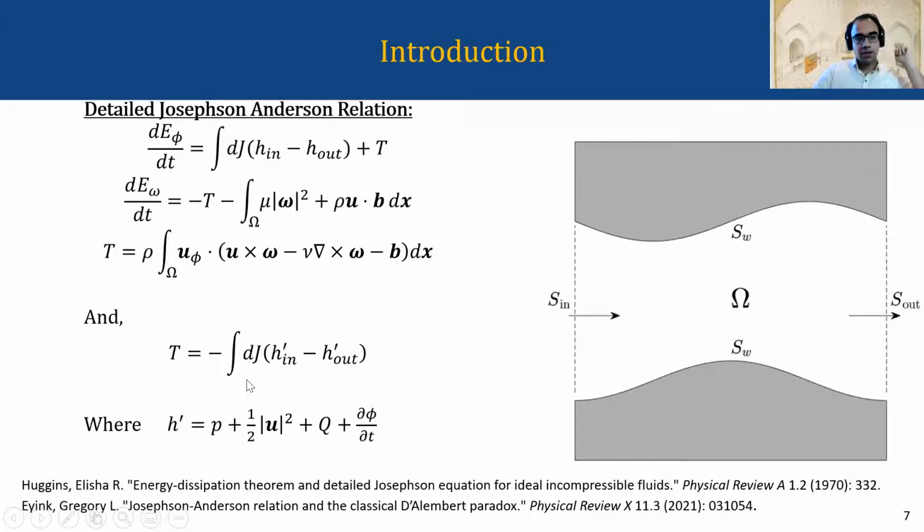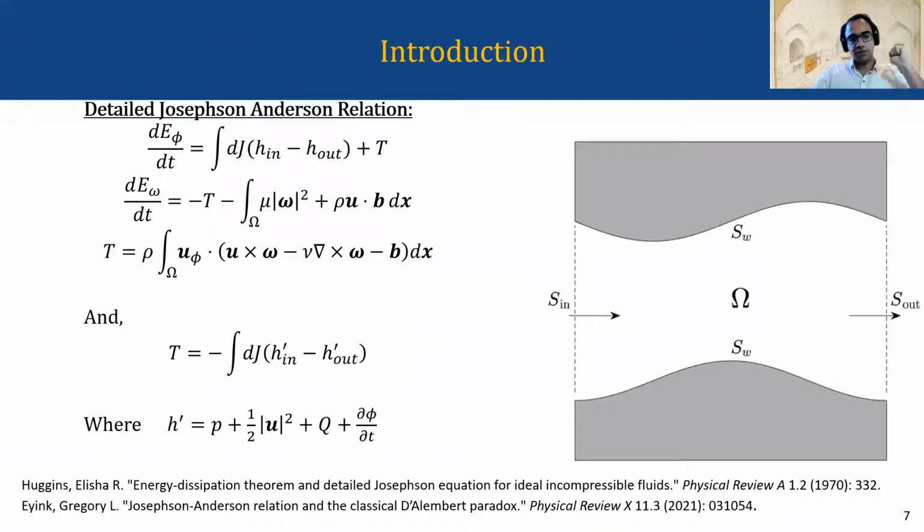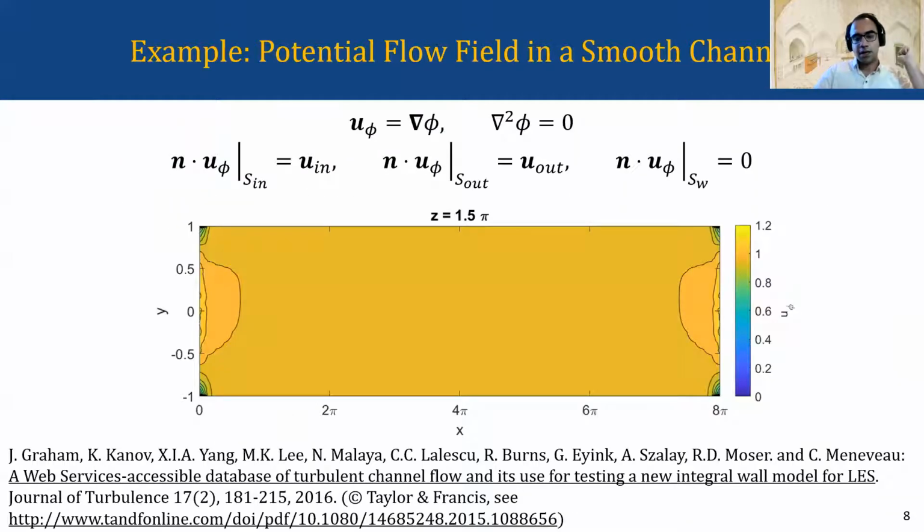And this relation for channel flow, we thought, yeah, this is great. Let's just apply this to the channel flow. So we take the channel flow data from the Johns Hopkins turbulence database, and we start off by calculating the U phi, which Huggins prescribes, with the condition that at the inflow, this potential field has to be equal to this full velocity field.